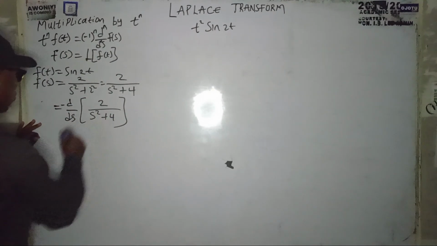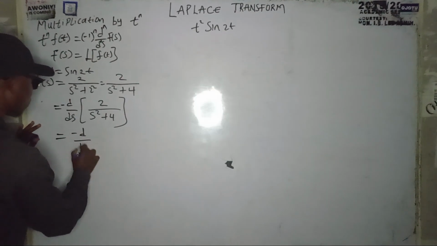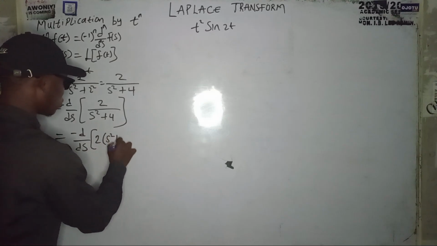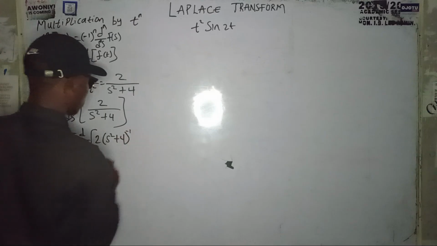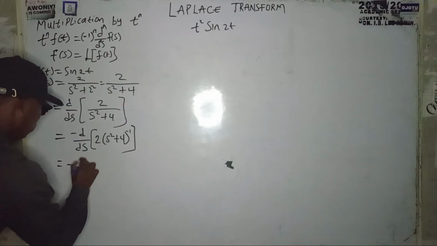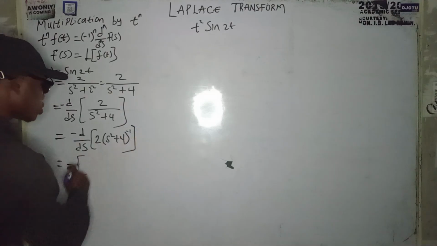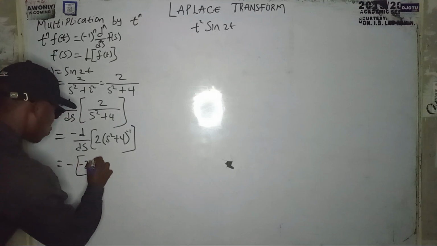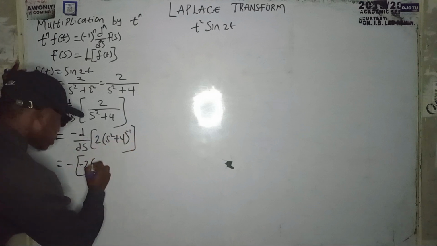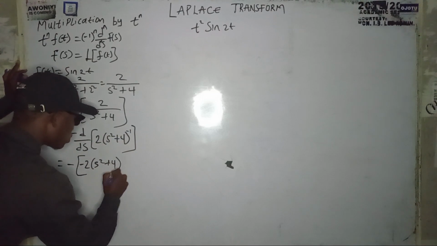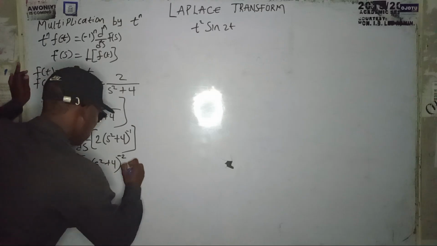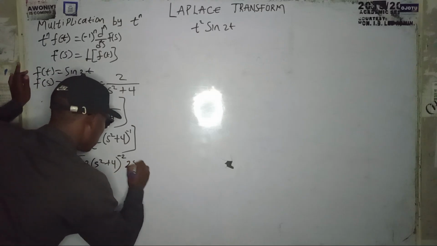I bring s squared plus 4 up, which is the same thing as minus the differentiation of 2 times the bracket s squared plus 4 raised to the power minus 1 with respect to s. Using the chain rule, we have minus 2 times minus 1, multiplied by s squared plus 4 raised to the power minus 1 minus 1, which is minus 2, times the differentiation of whatever is inside, which equals 2s.